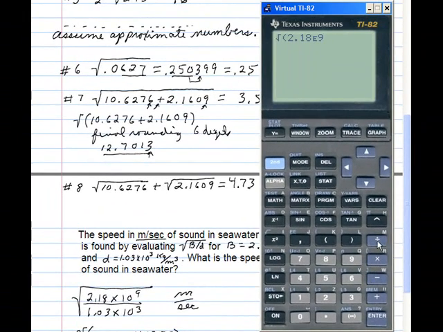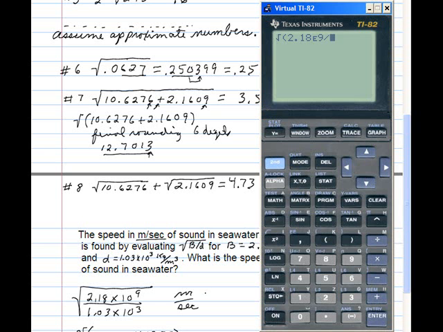Then it was divided by. Now you might say, well, don't you need a bracket around the 2.18E9? No, that's why we're using E. If you use the E notation instead of the times 10 notation, the calculator inserts a parentheses invisibly around the 2.18E9.